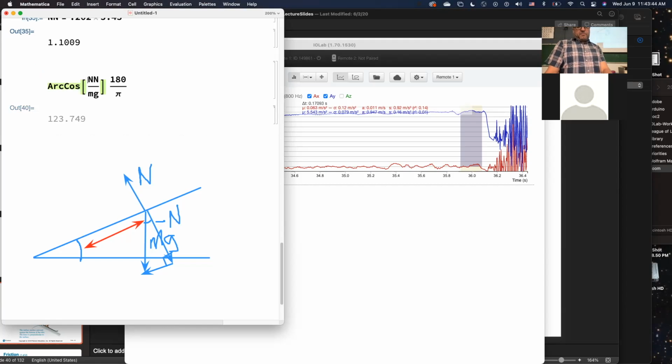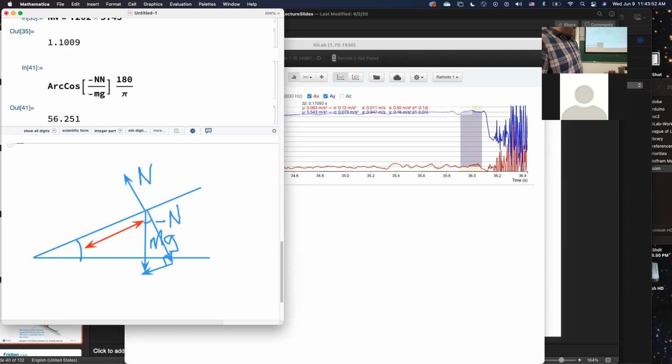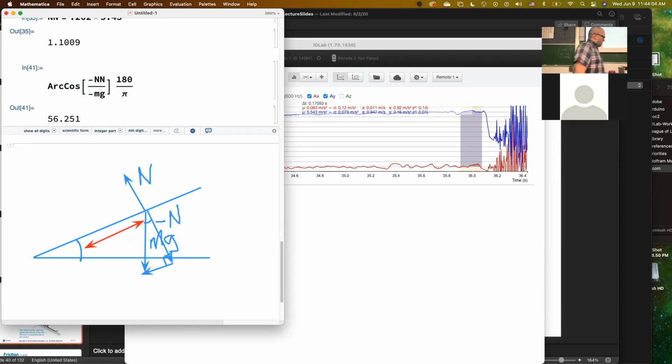If I say this is negative, but also mg is negative, okay, so that's a 56-degree angle. Does that seem reasonable? That doesn't seem right.